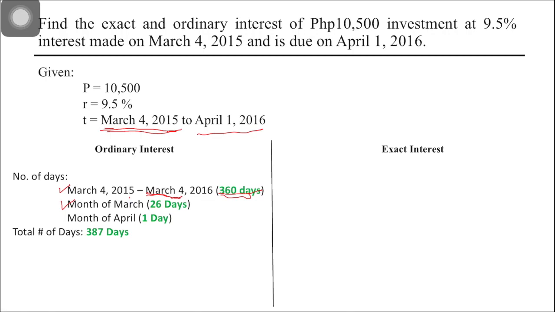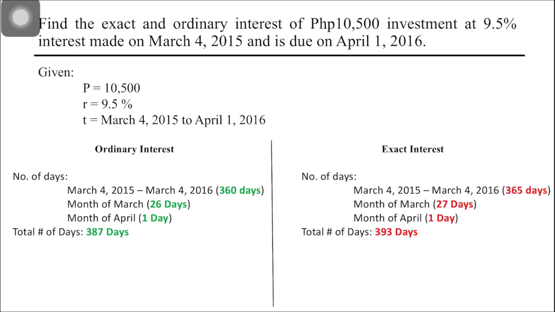So, pagka March 5, taman March 30, so that's 26 days. Then, in the month of April, 1 day lang, April 1 man taman. So, i-total na to, the number of days is 387 days. So, now let's proceed to exact interest.